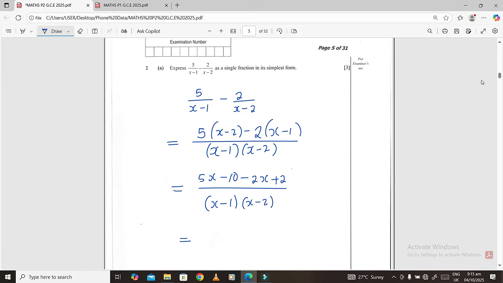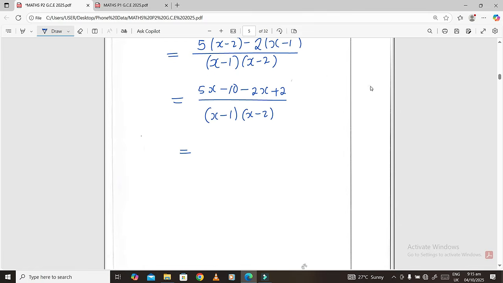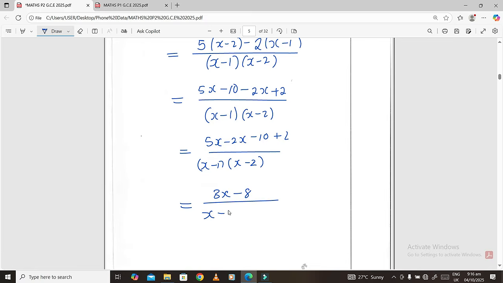And then from here, we group the like terms. So we have 5x minus 2x minus 10 plus 2 over x minus 1, x minus 2. And this is giving us 3x minus 8 over x minus 1, x minus 2. And this is our answer.